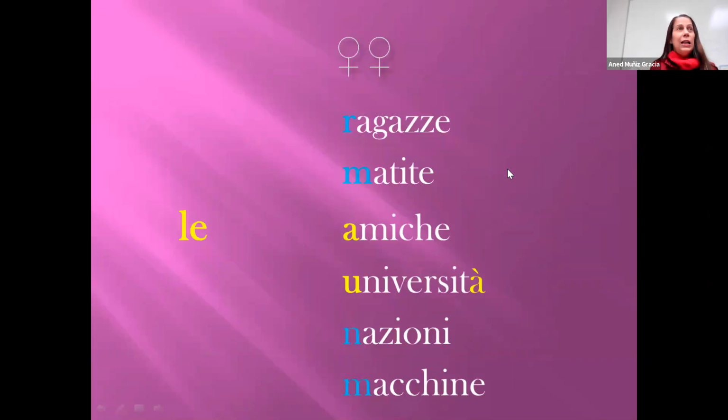And now, finally, there's some simplicity. All feminine nouns have the article le, regardless of how they start. And you see here also, if the noun ends in a in the singular, they are generally going to make the plural by changing a to e, unless they have an accent, right? An accented vowel like città or università.